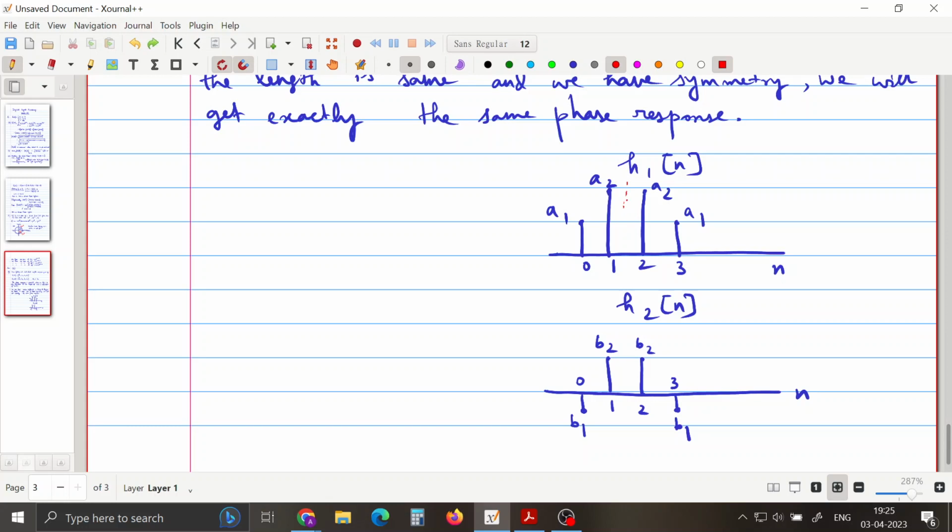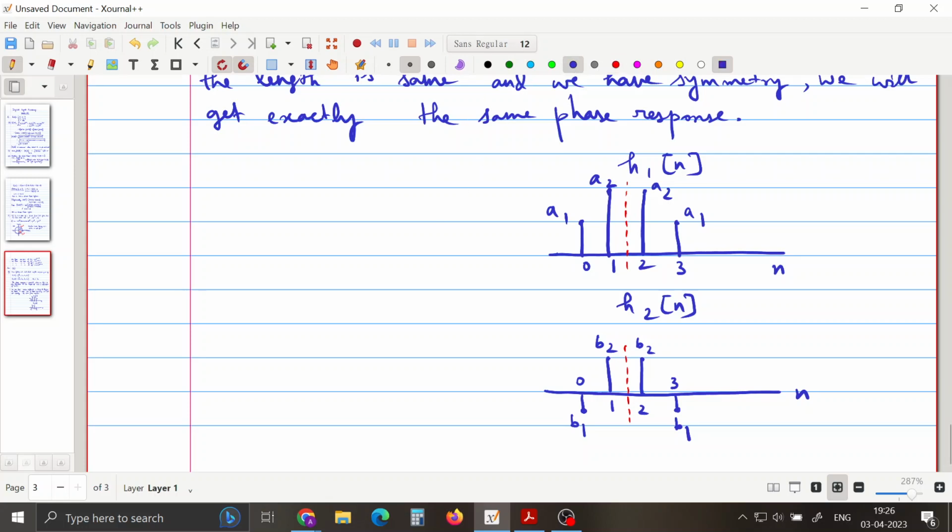This is the point about which there is even symmetry, and similarly for this one also, between n equals 1 and n equals 2.